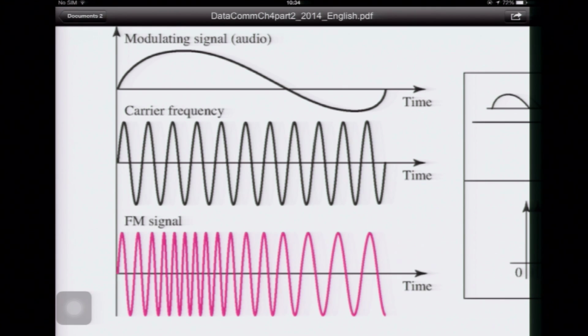When the amplitude of the baseband is low, the frequency of the FM signal is also low, okay. Can you see? It changed the number of circles, okay, how close together they are. The circles are slower or faster, representing the high frequency and the low frequency.